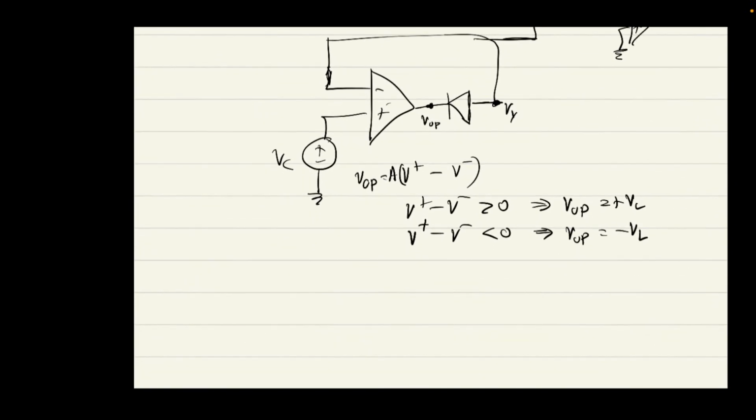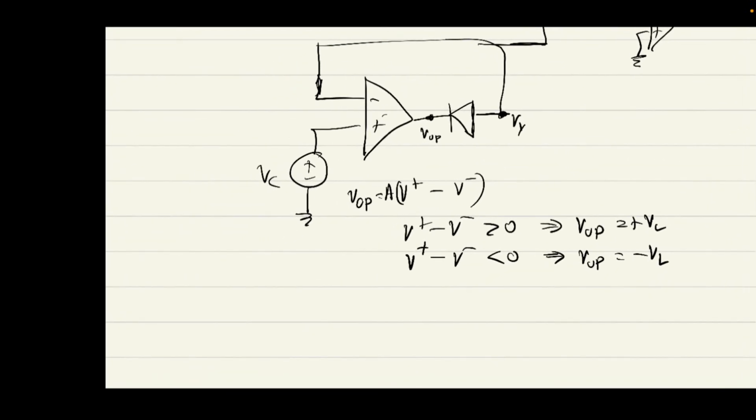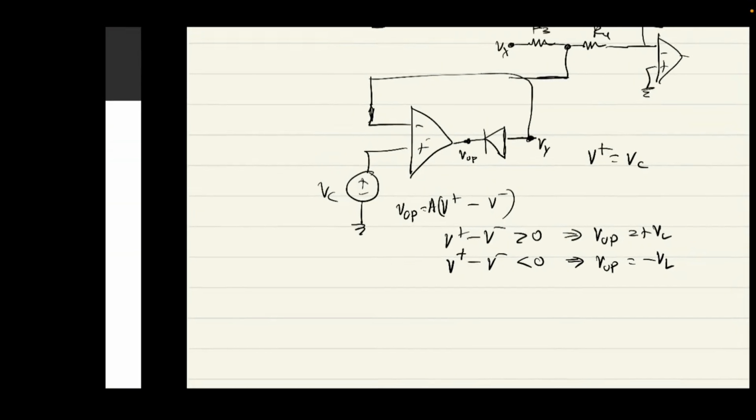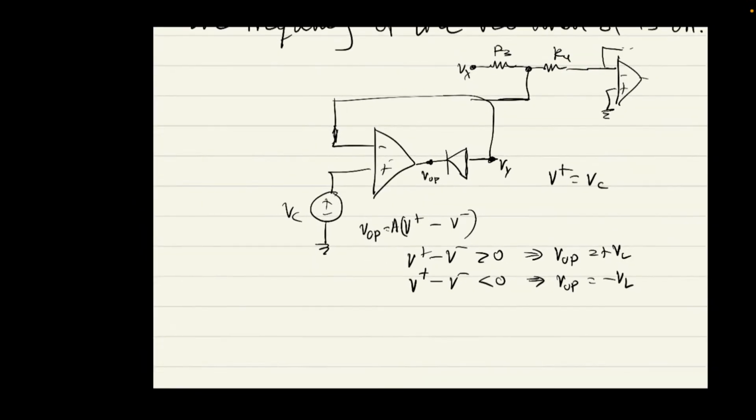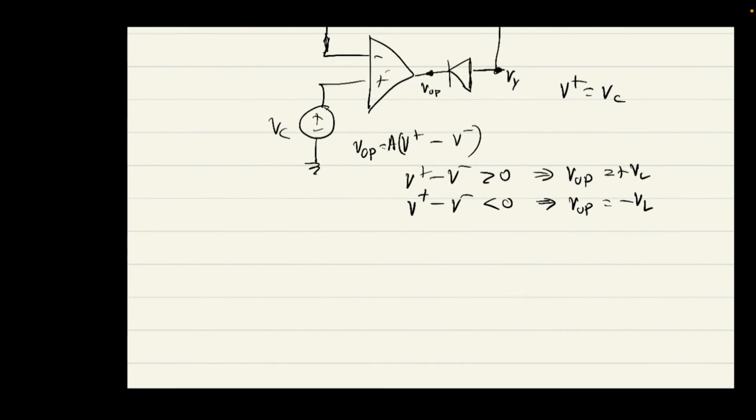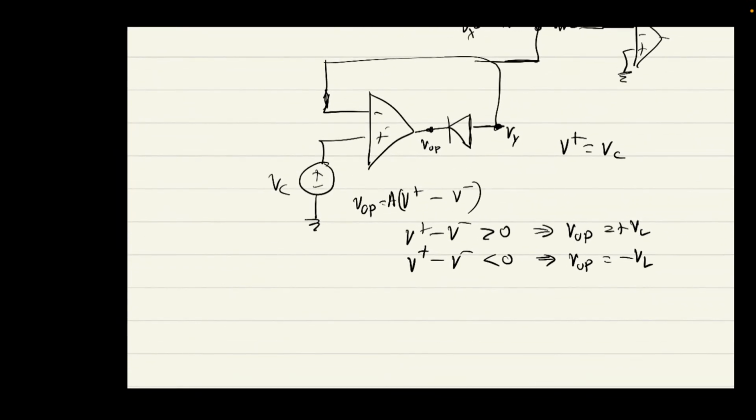Now, what is V plus? Just VC. And V minus is something we have to figure out. Actually V minus will be Vy, assuming that this diode is open.